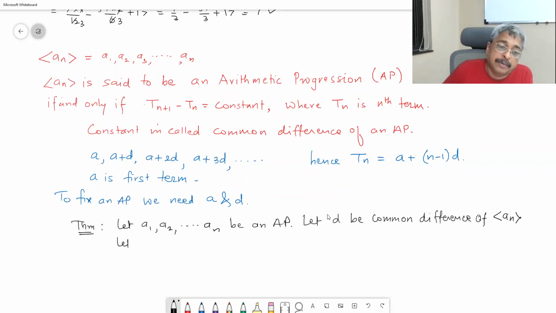Let K belong to R, K belongs to real numbers.